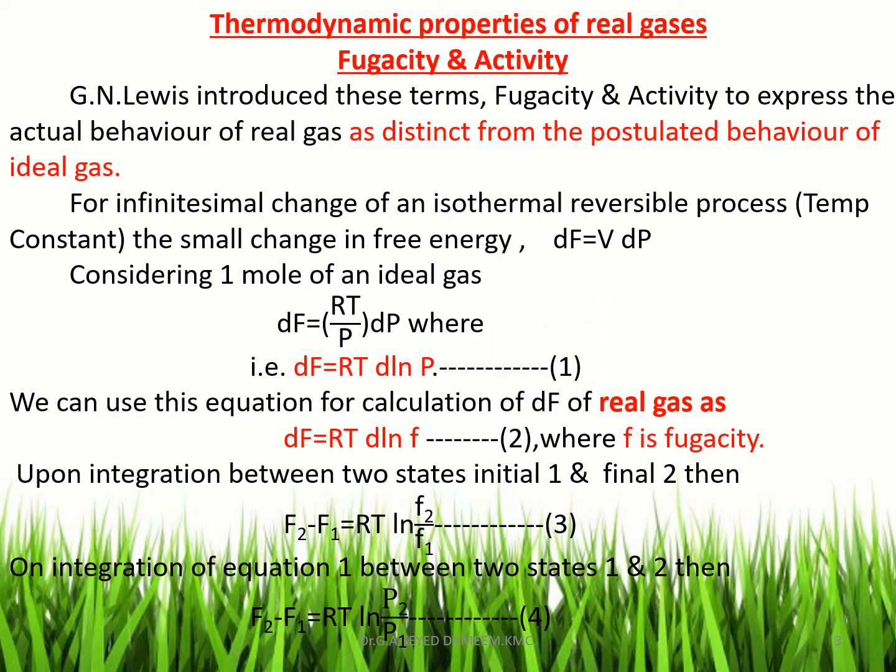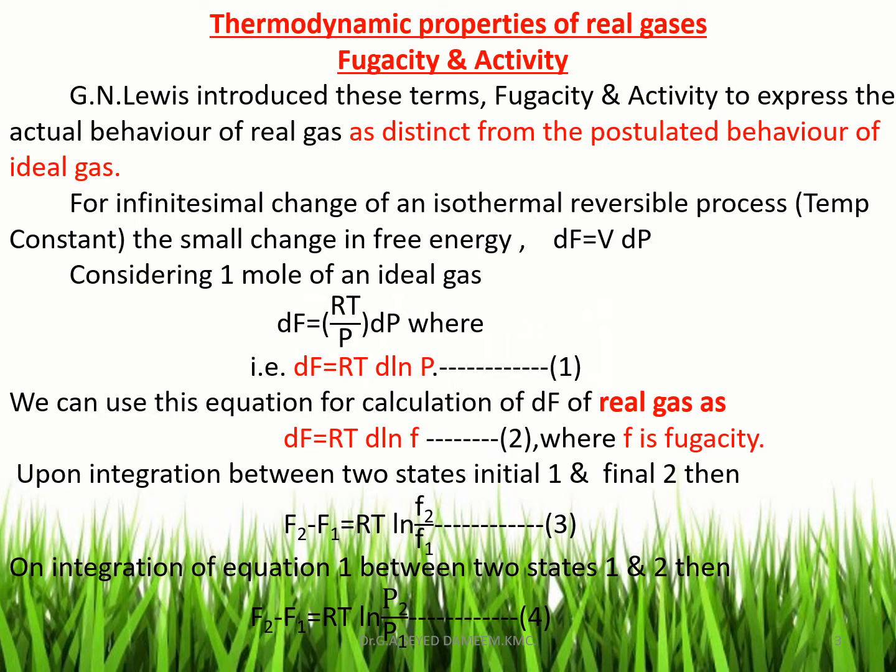Now this equation is purely for ideal gas. We can use this equation for calculation of dF for real gas by changing it to dF is equal to RT d ln f, where f is the fugacity. Now this equation is for a real gas.